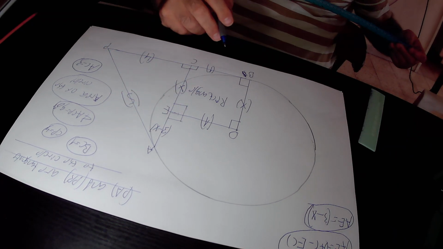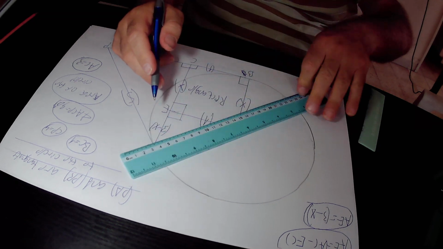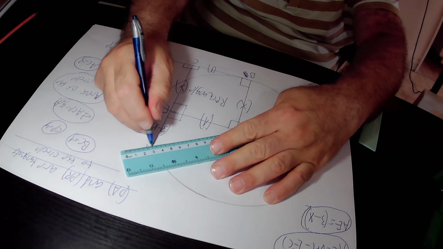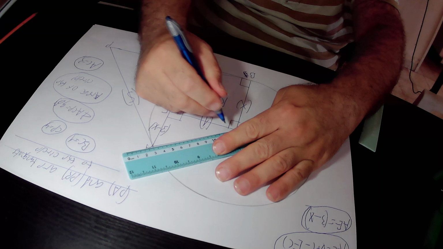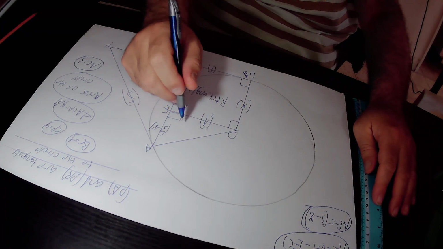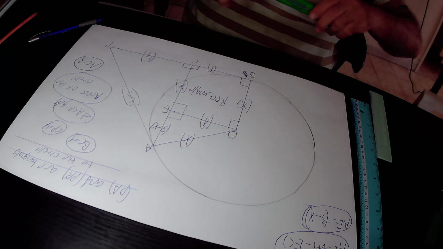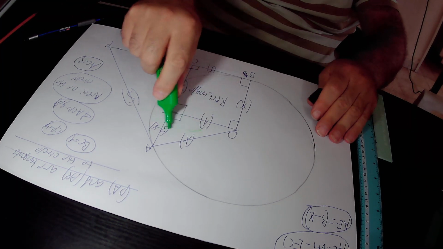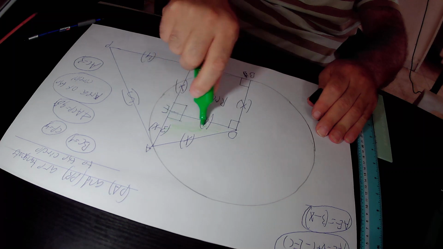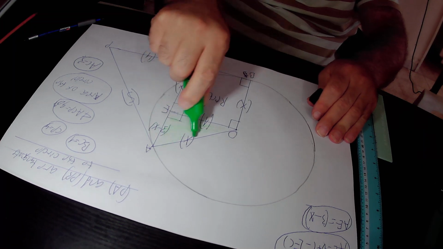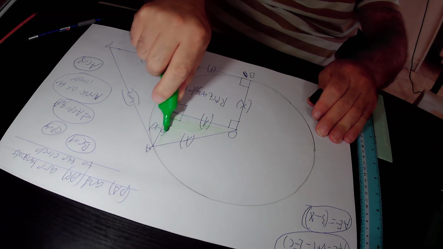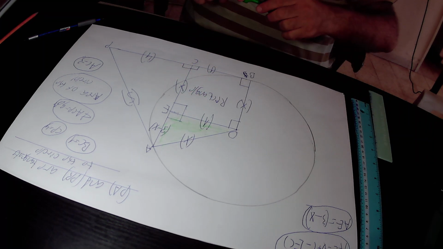In the next step, we will join points O and A together by a straight line. OA is of course the radius of this circle, that is equal to x, according to our definition. In the next step, I'm copying the right triangle OAE onto a new page, and we implement the Pythagoras theorem on this right green triangle OAE.